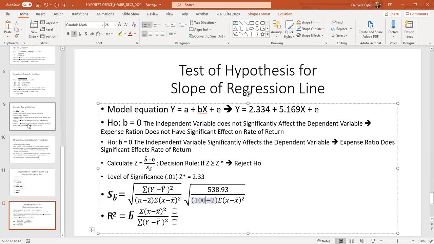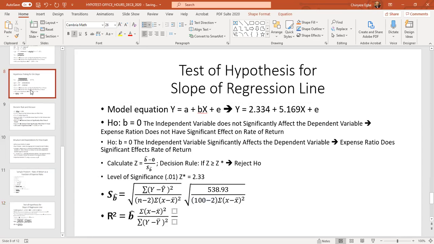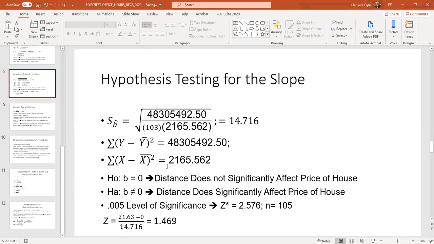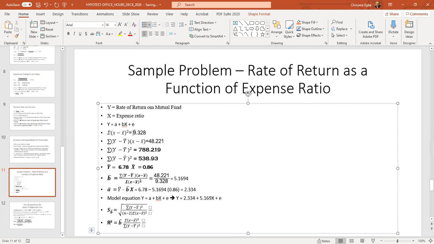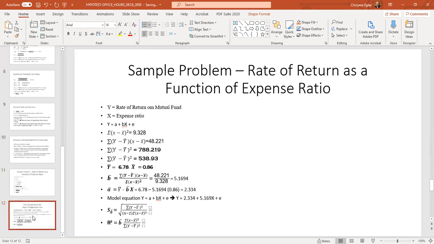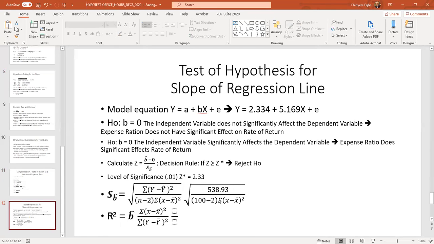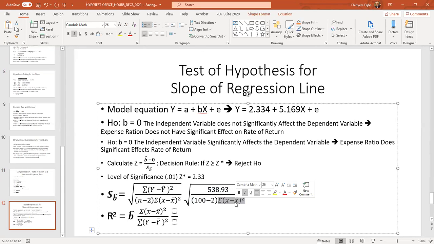And the summation of x minus x bar squared is 9.328. Okay.